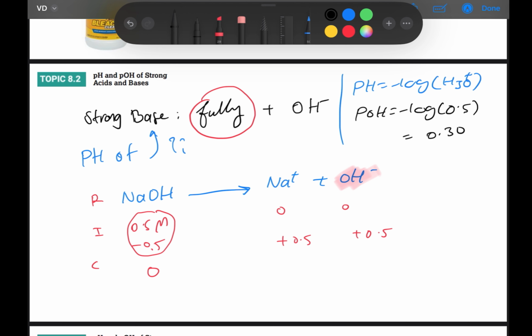So suppose that the temperature here is 25 degrees Celsius. So we can say that 14 minus 0.3 equals 13.7. This is the pH. And we can see that 13.7 is a high pH. Okay, and actually it's reflecting the theory that this is a strong base. So just remember that if you have a strong base, then it has a high pH.